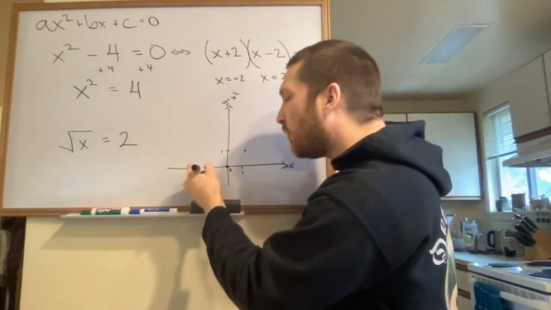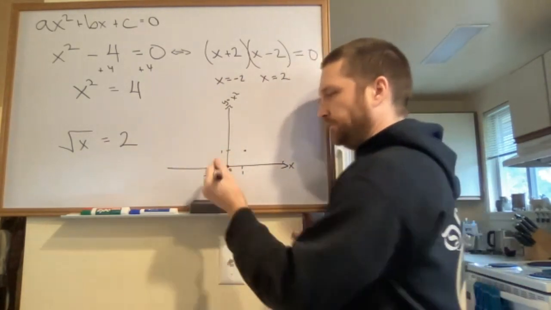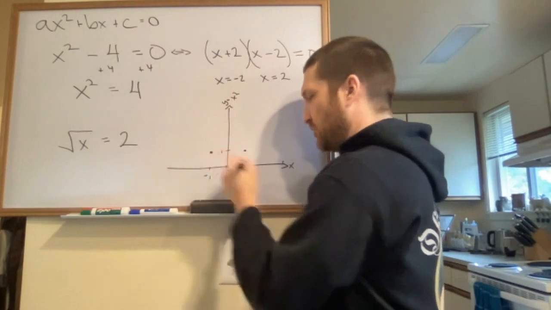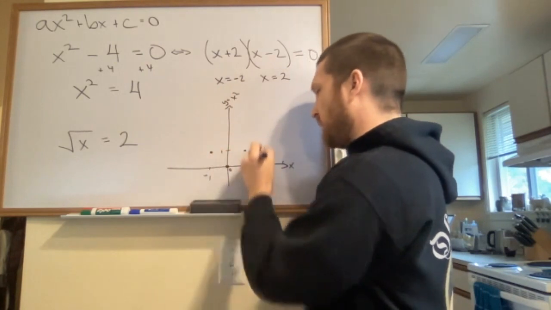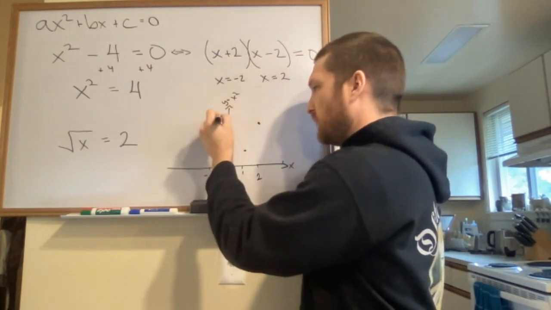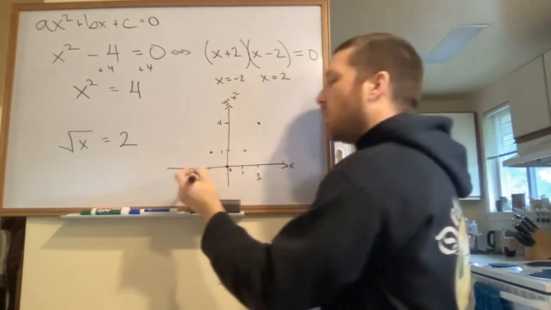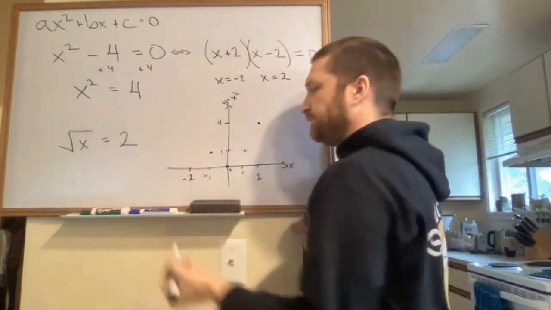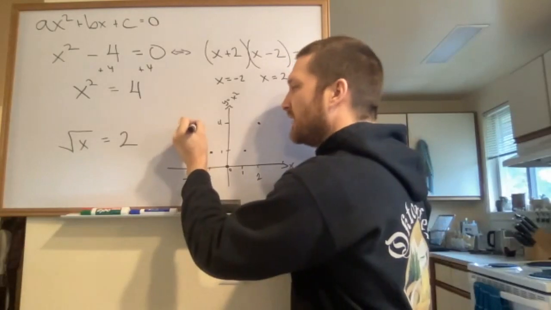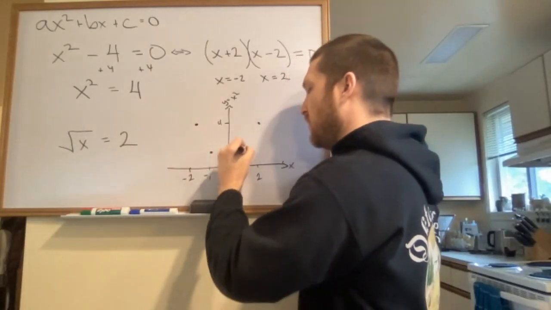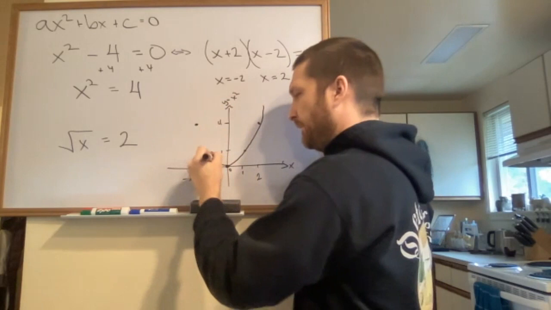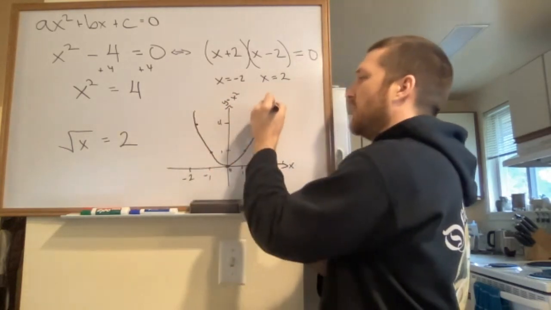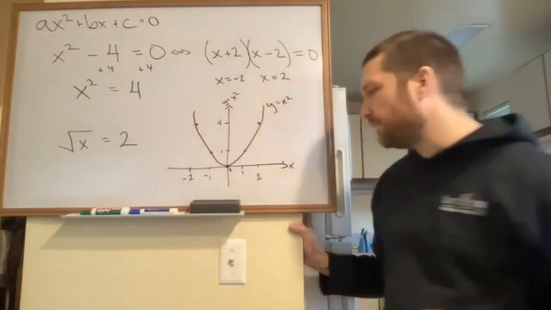What is -1 squared? 1. What is 2 squared? 4. So we plug in a 2, we get out a 4. What is -2 squared? Also +4. Okay, so this is a parabola. This is just the parabola y equals x squared, right?